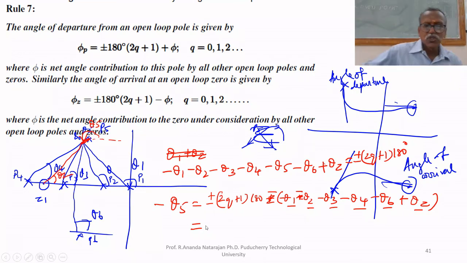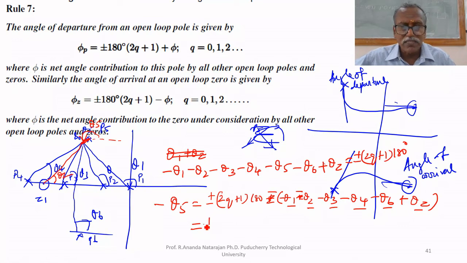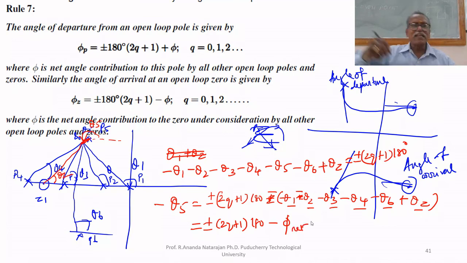We are finding an angle, assuming that it is equal to the line joining S0 and all the poles. So, plus or minus (2q plus 1) multiplied by 180, this minus theta 5 net. Phi net, I am calling that angle phi net. What is phi net?